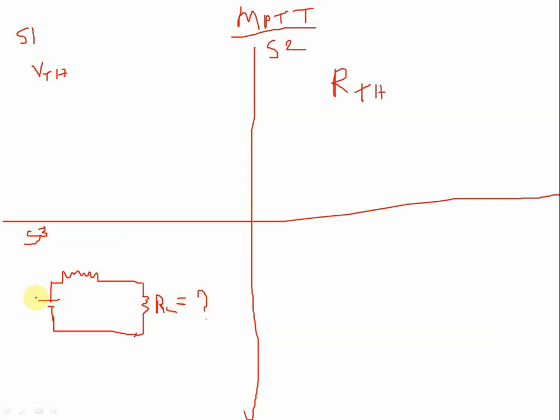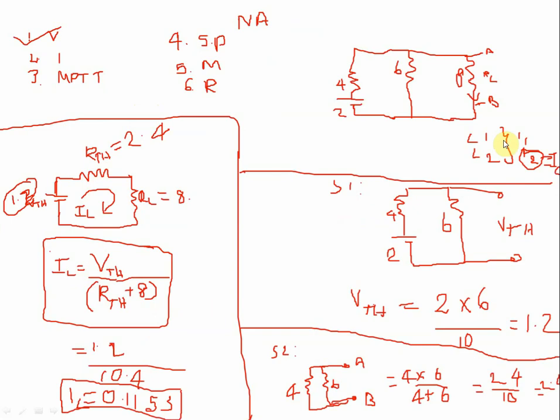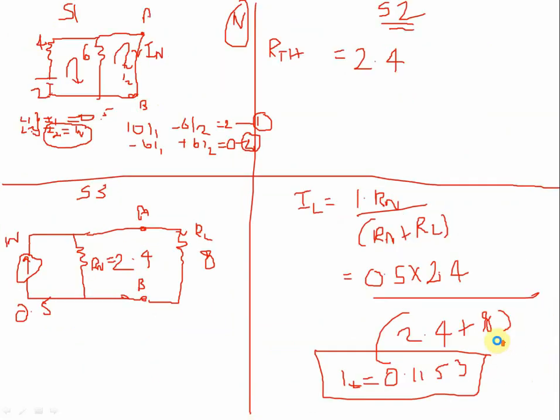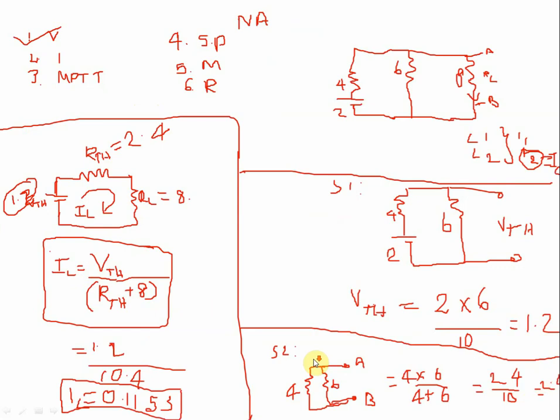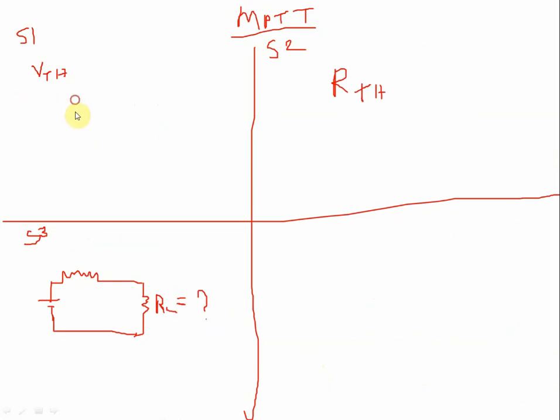Substitute VTH and RTH, already found: 1.2 and 2.4. Substitute RTH 2.4 and VTH 1.2 here.